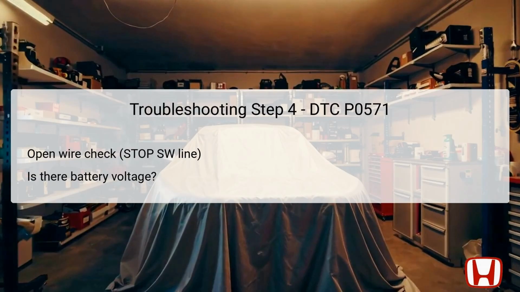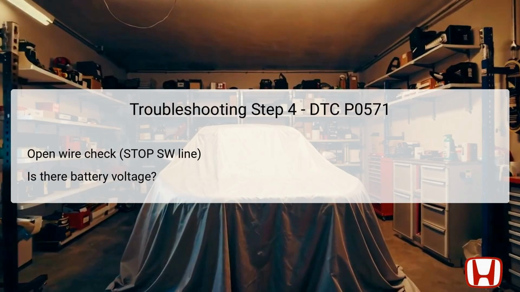In the fourth step of troubleshooting, an open wire check is performed focusing on the stop SW line. This is executed after disconnecting the necessary connectors and jumping the SCS line with the HDS. The voltage is then measured between the specified test points while ensuring the vehicle is in off lock mode and the brake pedal is pressed.